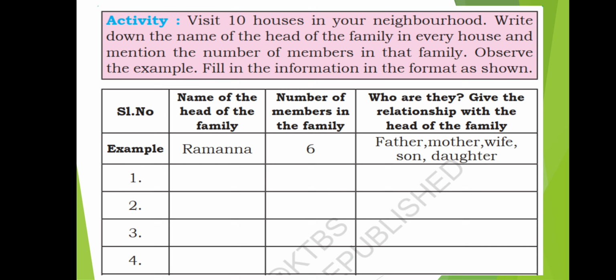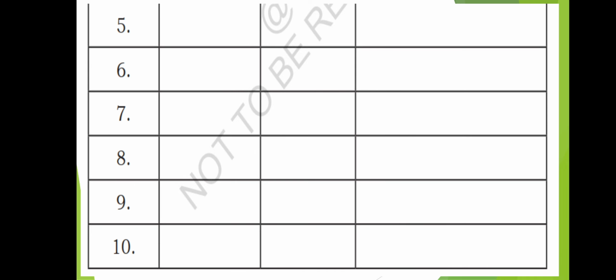What is the relationship of those members with Ramana? So one is father, mother, wife, son, daughter, this kind of relation is there. We need to write it down. Like that we visit 10 homes and note down all the details.